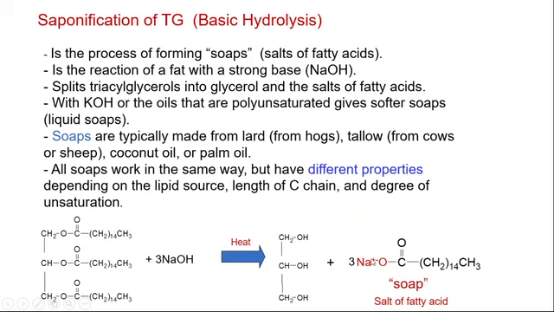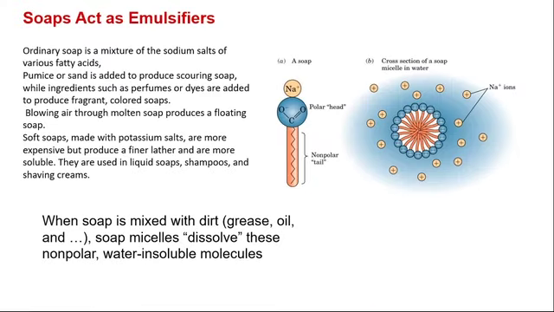So this is the polar end and this is the non-polar end, and that is what an emulsifier is. So soap is an emulsifier, and then in the preparation of soap, you can add pumice stone or sand to make it rough. You can add perfumes and essential oils to give it the aroma.